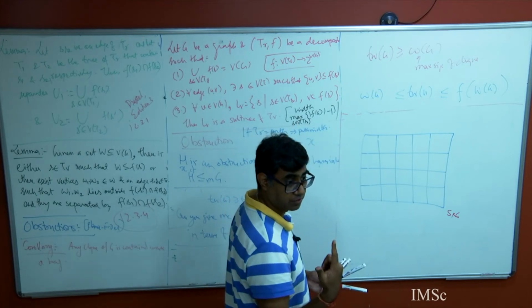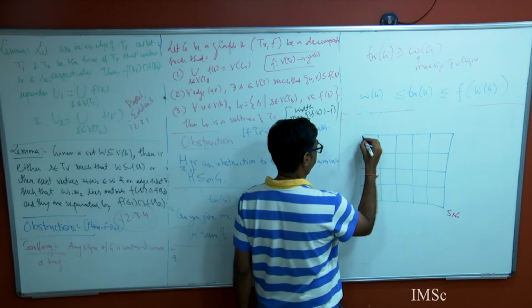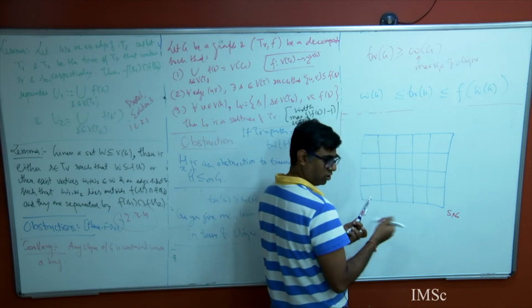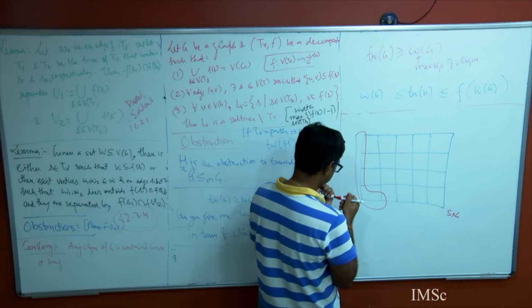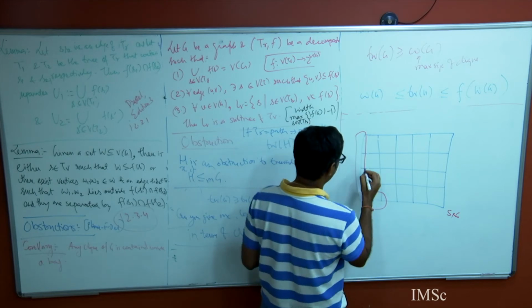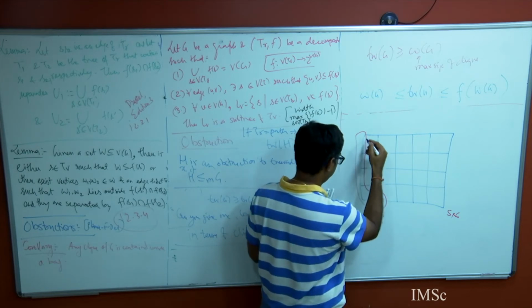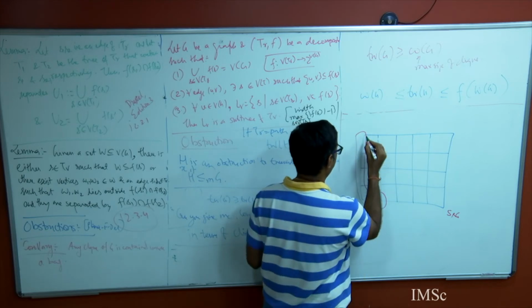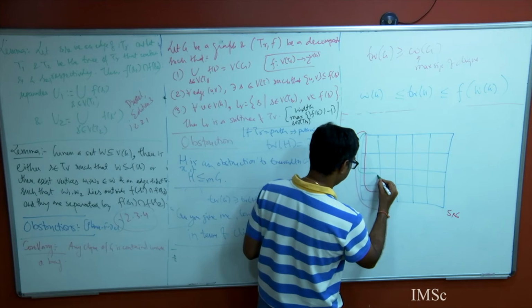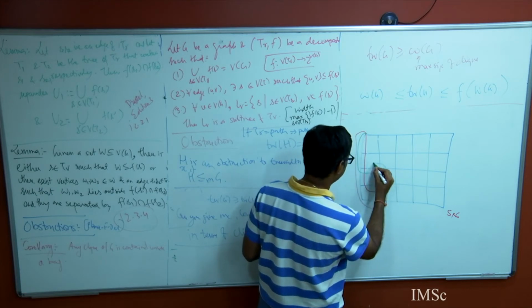So there is some pattern emerging. So now what will I do? Again, as you said, let's do this. Then what did you do? You forgot this guy, right? If I recall correctly, you did this? No?